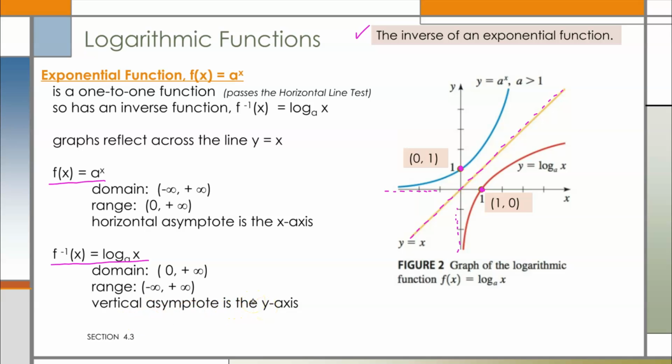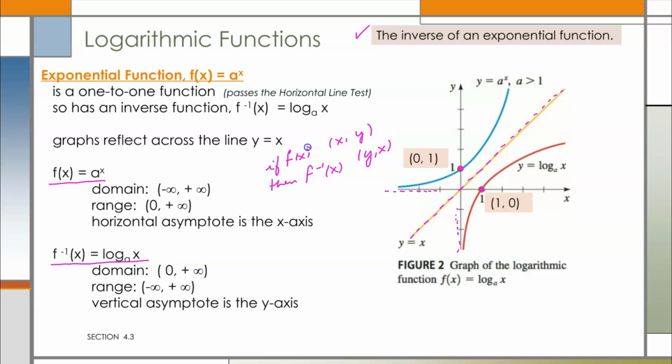Okay, so the function and its inverse reflect along that line y is equal to x. We also learned if f of x has the coordinates x, y, then f inverse of x has the coordinates y, x.